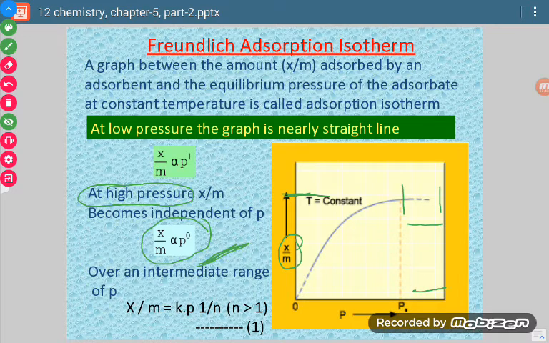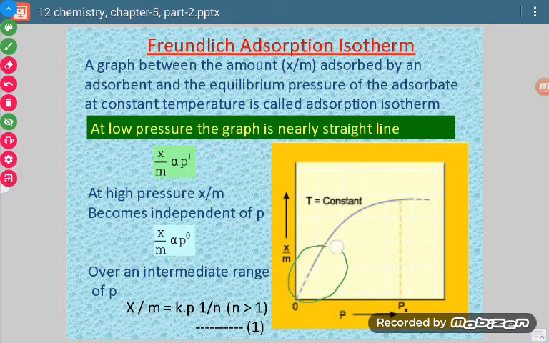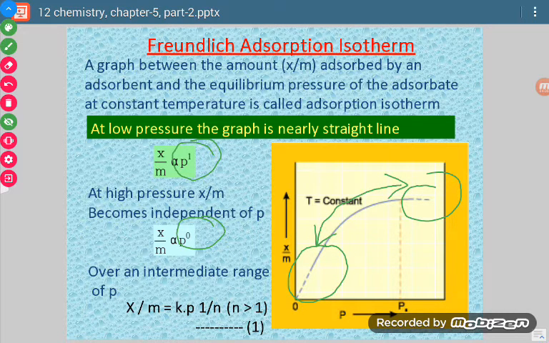Till now, at very low pressure x by m varies with the first power of p, and at very high pressure the extent of adsorption varies with the 0 power of p. So at intermediate pressure, the power must lie between 1 and 0.